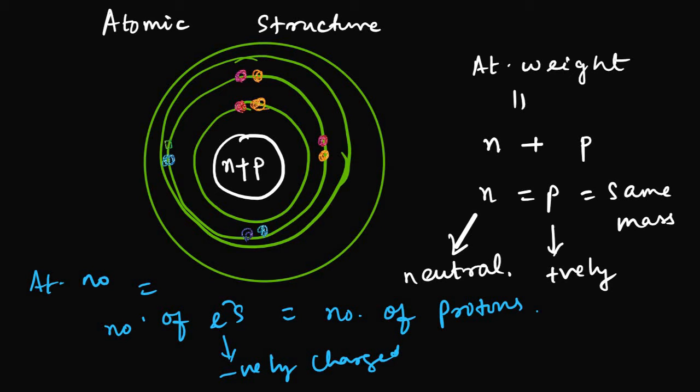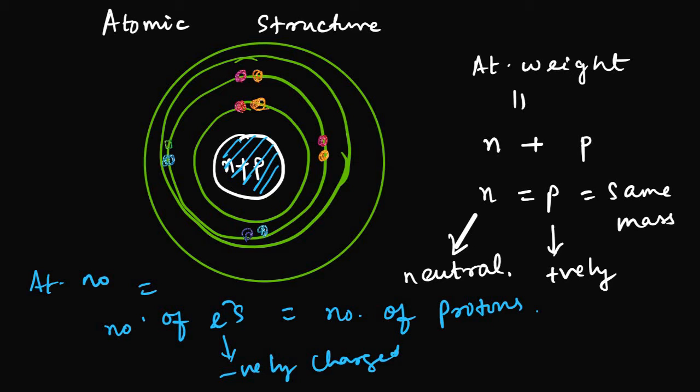Now I want to mention that the nucleus is the central part and it contains protons and neutrons. We consider the nucleus as positively charged, and the entire weight of the atom, called the atomic weight, is concentrated here only, right. Now, for the extra nucleus we will consider the outer shell only.